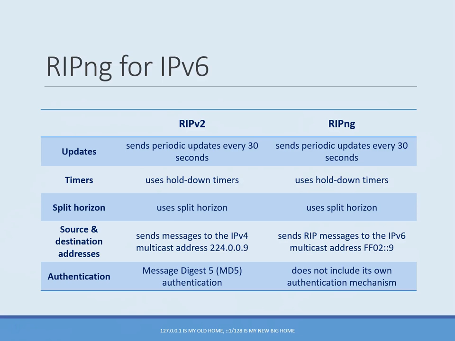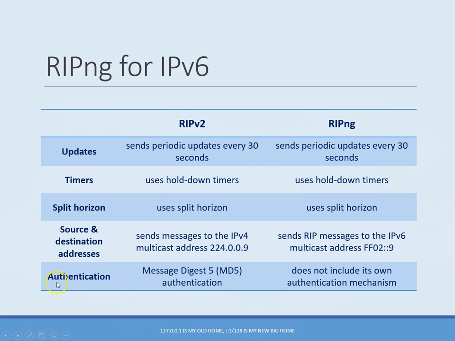So from the exit interface, the updates will be sent to the multicast address, which is this address in case of RIPv2, while in RIPng the messages are sent to the multicast address, which is FF02::9, and the source address is the link local address of the exit interface.